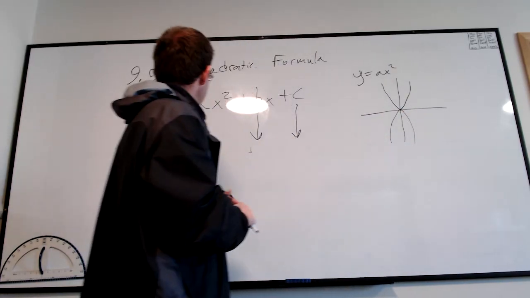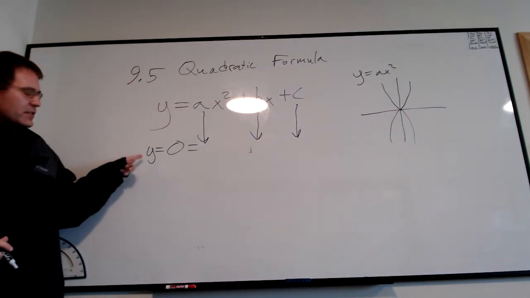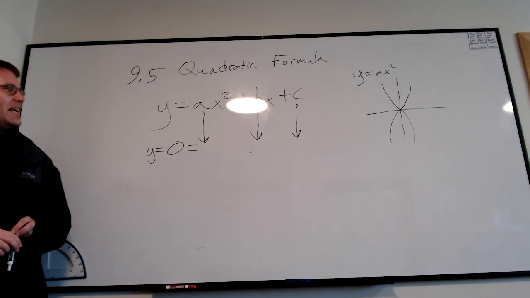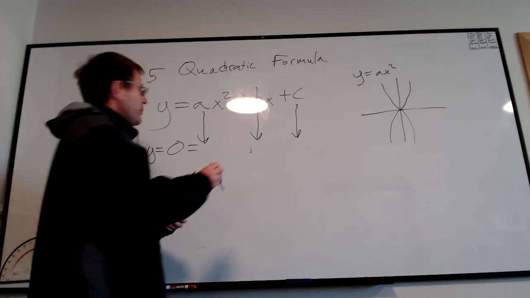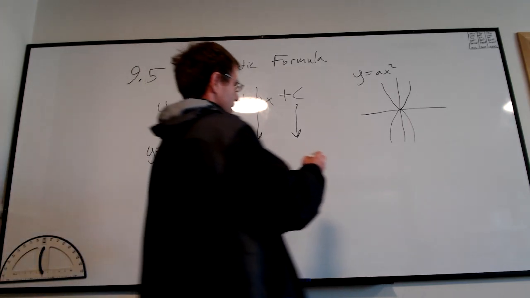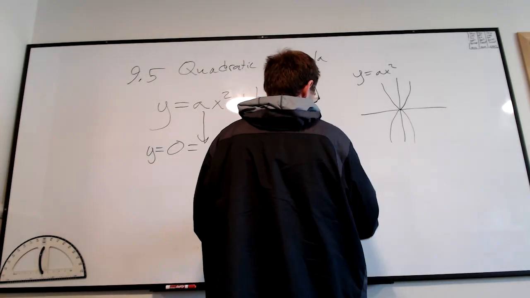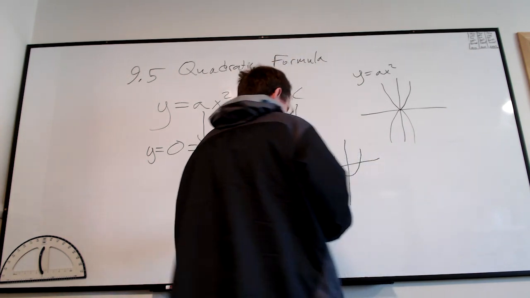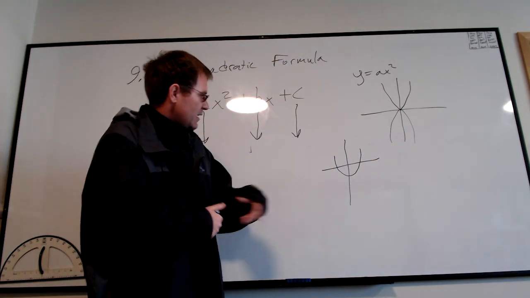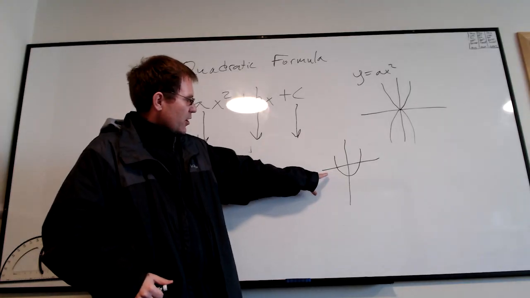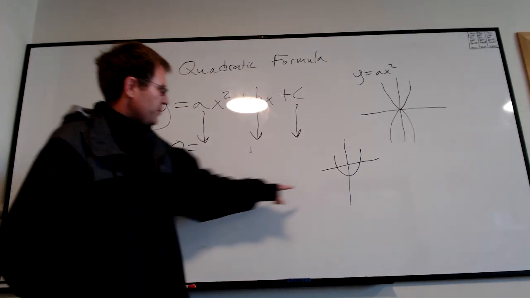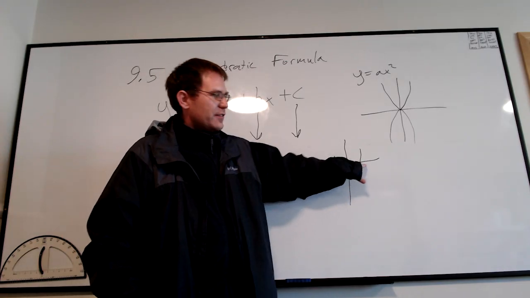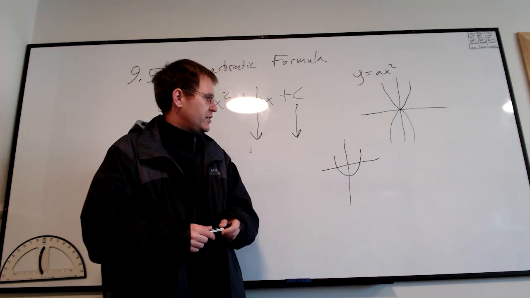But when we're solving for y equals 0, we're solving for x-intercepts, right? So the parabola could be here, and what we would be solving for when y equals 0 is the two x values. So you'll have two answers, two x values.